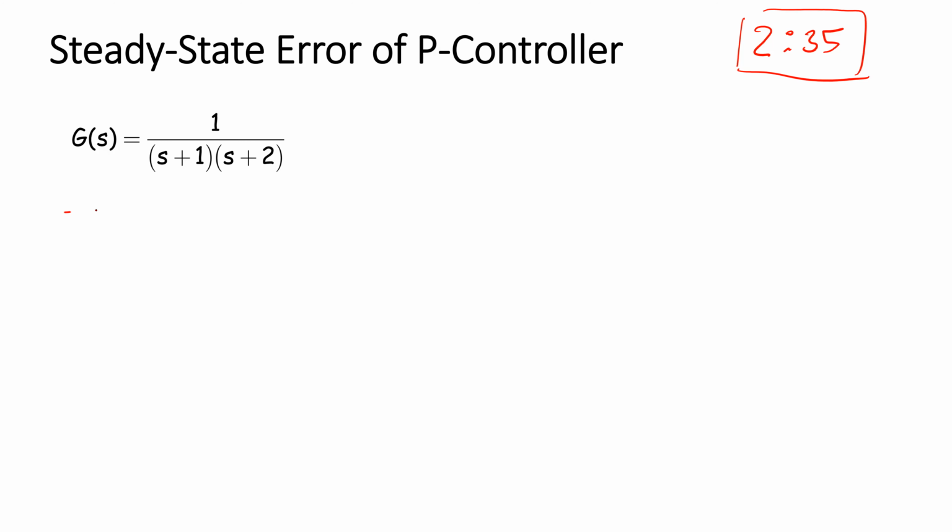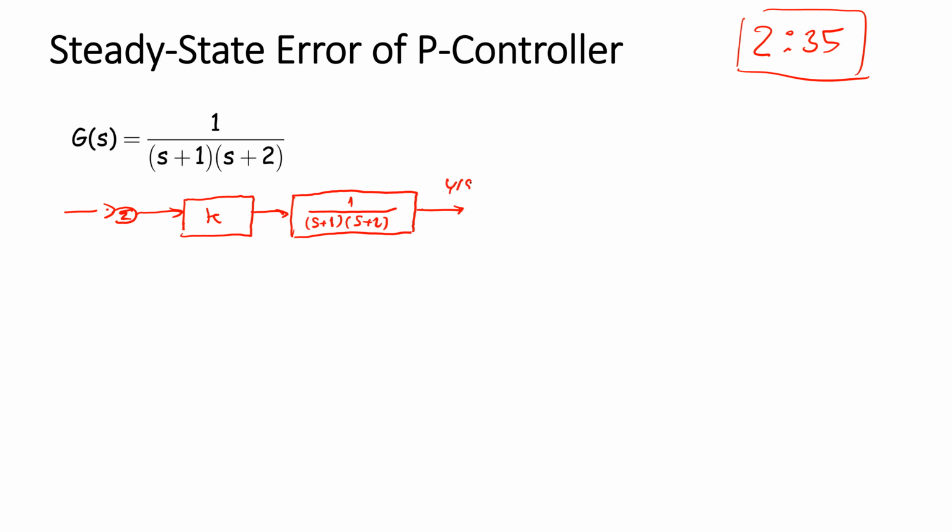So the block diagram that we can draw for proportional control has the plant, the output, the reference, and feedback.